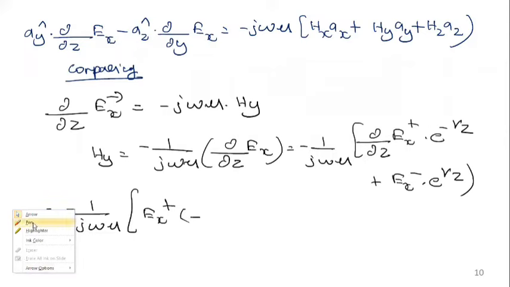In this particular equation, we are comparing the left hand side and right hand side.